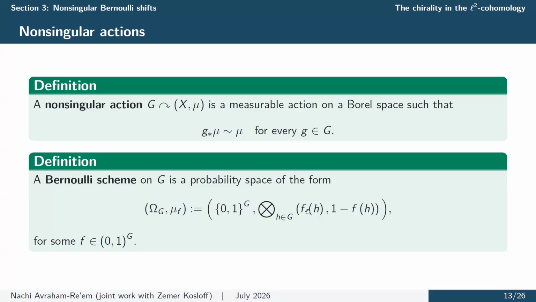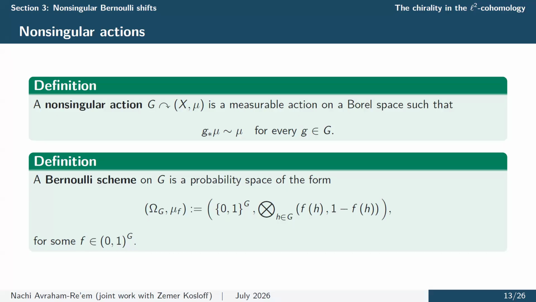which is defined by fixing some function f, a probability, so it's a function that takes values between 0 and 1. And I look at the product measure, which gives 0 the probability f(h), and 1 the probability 1 minus f(h). So if f is constant and equal to 1/2, then we get the classical Bernoulli shift, right?